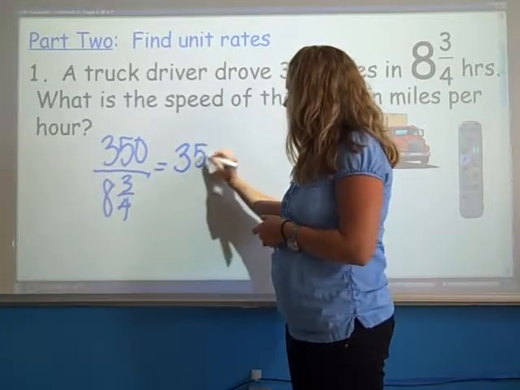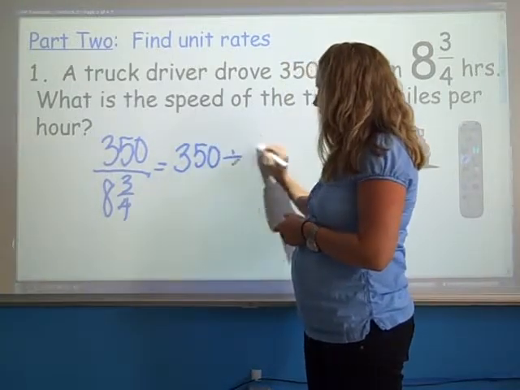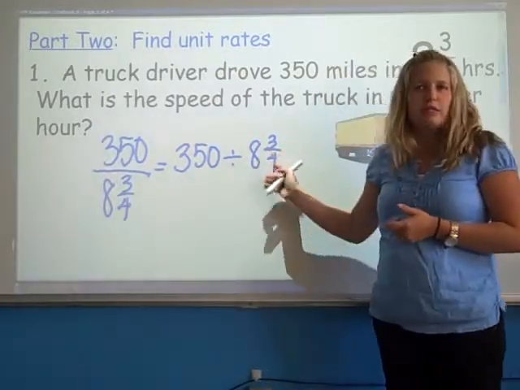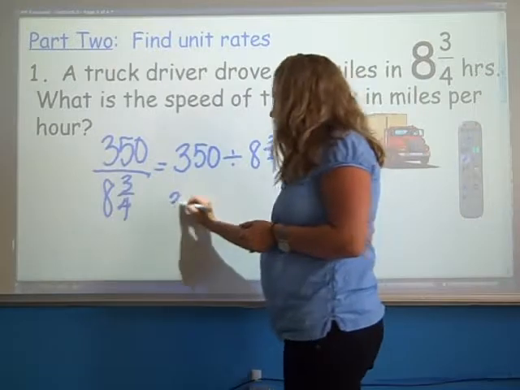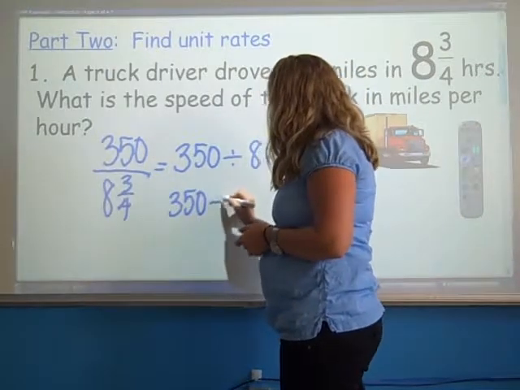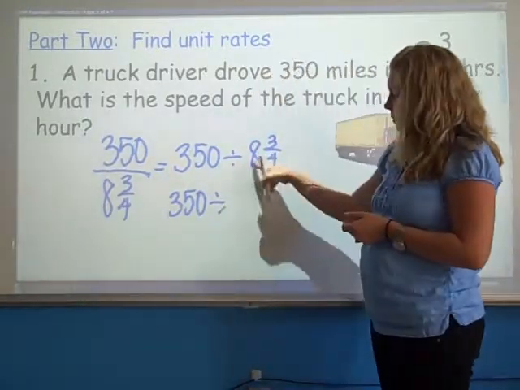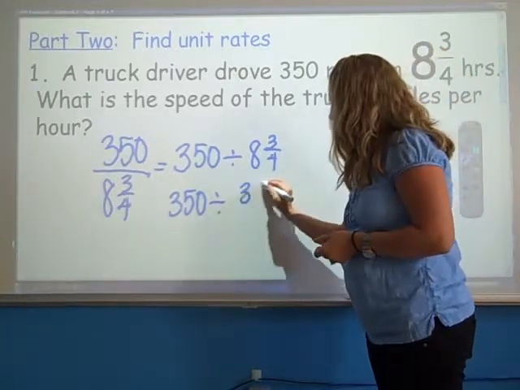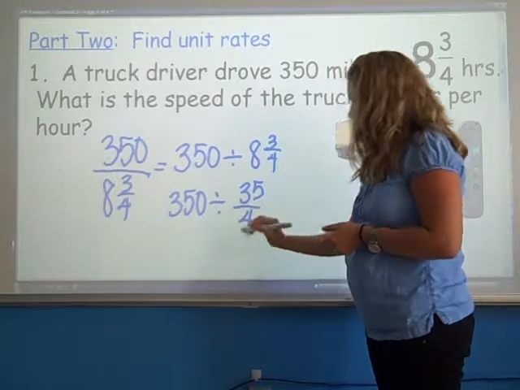This is 350 divided by 8 3/4. Before you can flip this, you need to make this improper. So I'm going to write 350 divided by, I'm going to make this improper. This is 32. 32 plus 3 is 35 over 4.